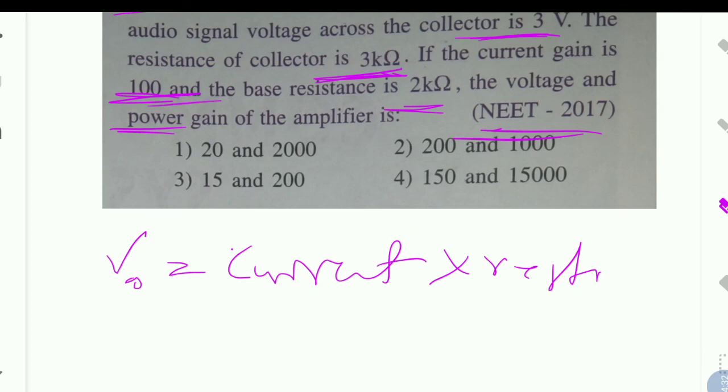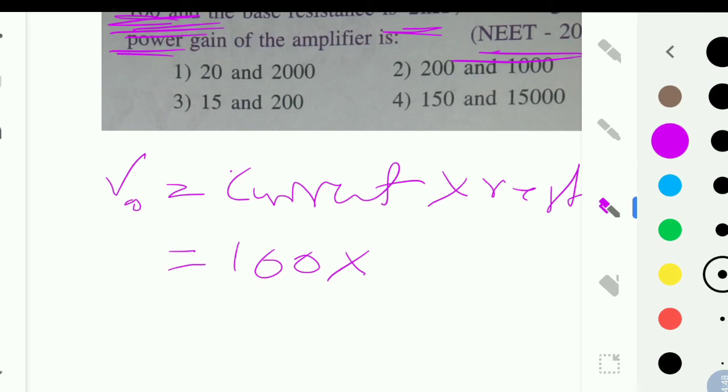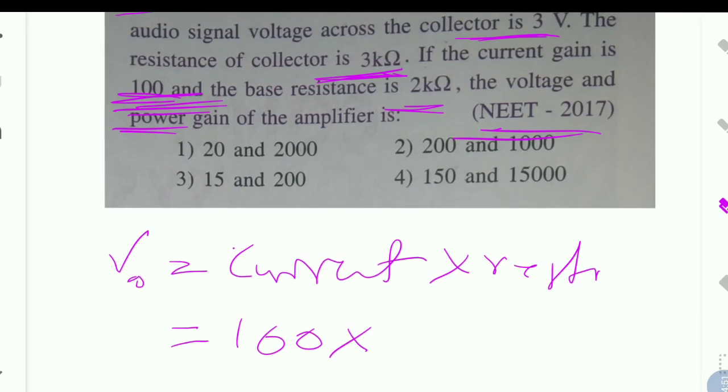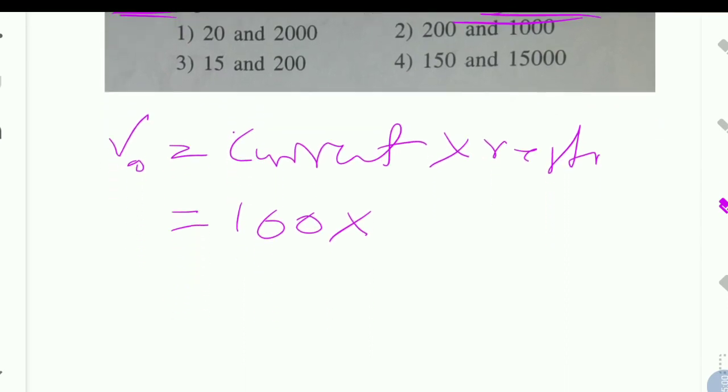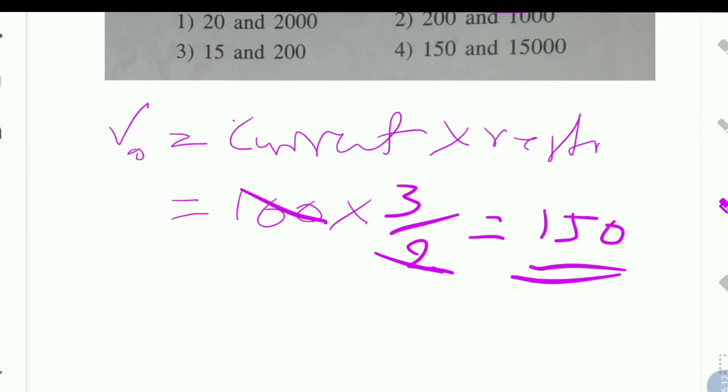Current gain is given 100, so 100 into this is the output resistance 3, input resistance 2, so resistance gain 3 by 2, so cancel, 50 into 3, 150. This is the voltage gain, 150.